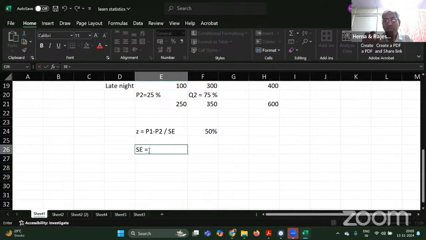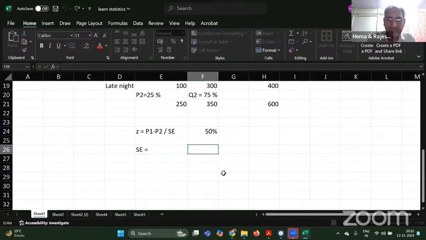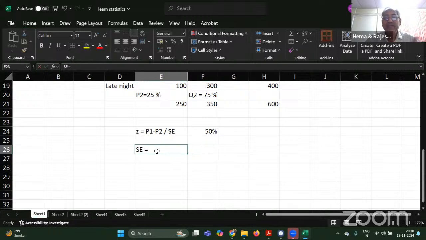If there is only one proportion, you write PQ upon root n, or you make a square of it, right? PQ upon n under square root, and then make a square of it. So what we do over here, this is a combination of two.